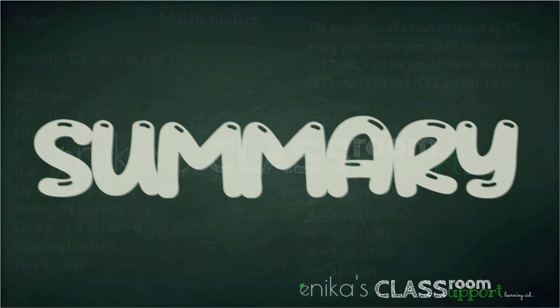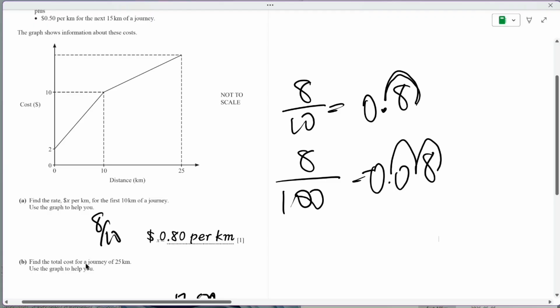$17.50. In summary, to find the total cost for a journey of 25 kilometers, which is from 0 to 25, the total journey, using the third statement which says $0.50 per kilometer, you would find the actual amount paid for the 15 kilometers covered, because this shows you the price he paid per kilometer for the next 15 kilometers.